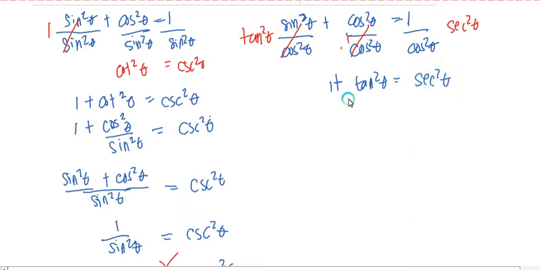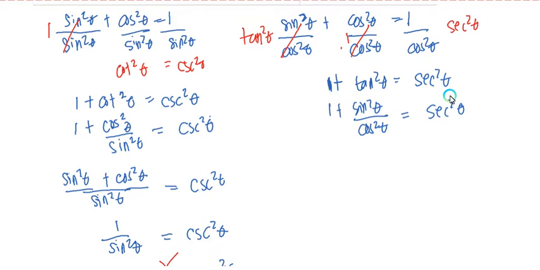That means we can manipulate the more complex part, 1 plus tangent squared, so we will have 1 plus sine squared theta all over cosine squared theta, and our answer should be secant squared theta. Take note, as I said in our previous discussion video, it is better to transform an equation into its sine and cosine equivalent, because sine and cosine are easier for us and we are familiar with those equations.